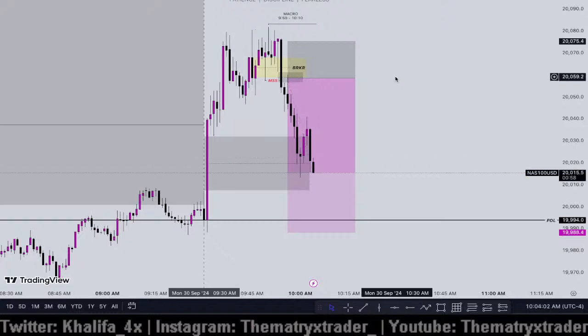Simply, you just need to understand the price action. You need to watch closely. This is the best part of the NASDAQ. It moves real quick and real fast.